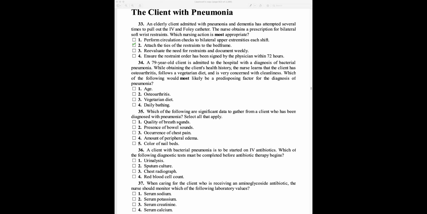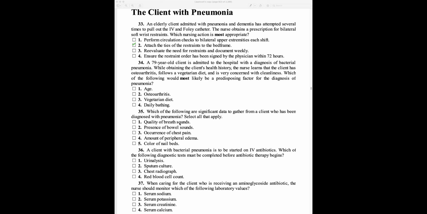And restraints can lead to circulation issues and damage. Reevaluate the need for the restraints and document weekly? No, we're doing this often, at least every 15-30 minutes, especially when we first put them on. And ensure the restraint order has been signed by the physician within 24 hours, not 72.